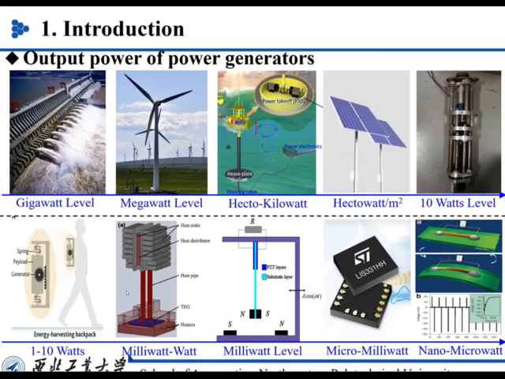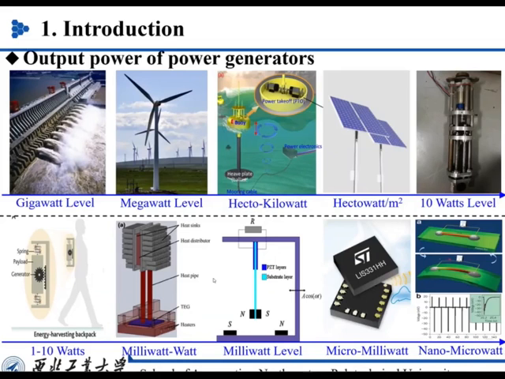As the size decreases, for example, this one is a thermal energy harvester. If it is in a small size, maybe 10 to 20 centimeters, the output power may be from the milliwatt to the watt.